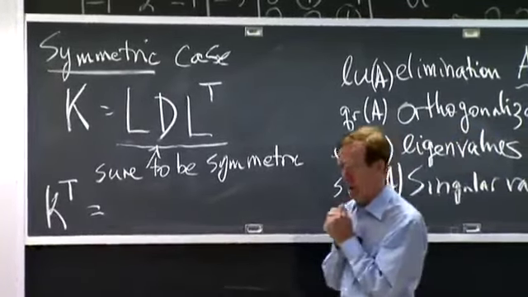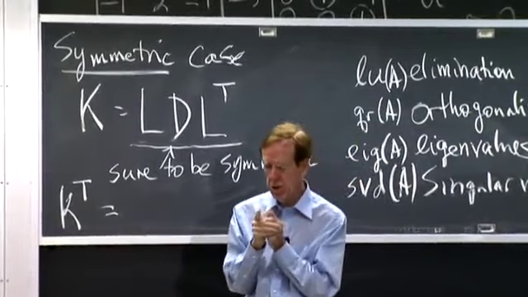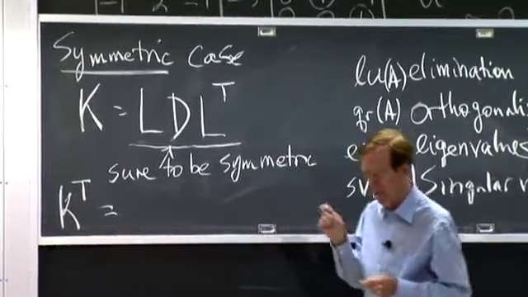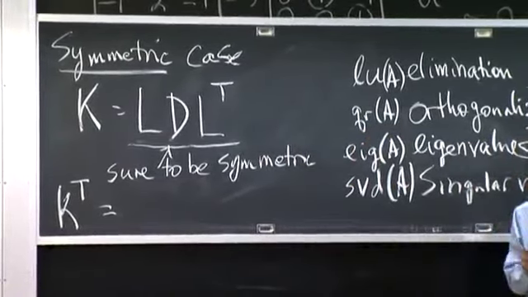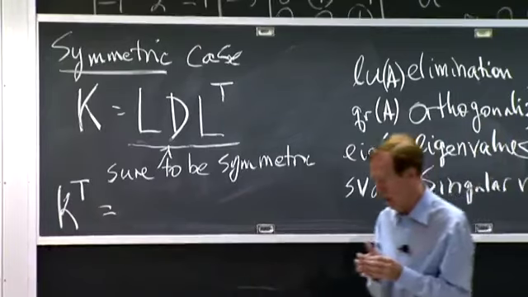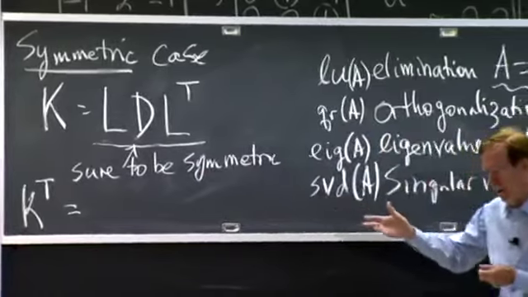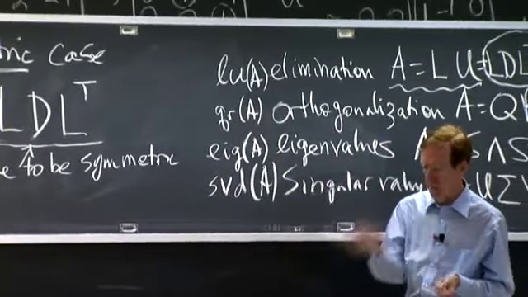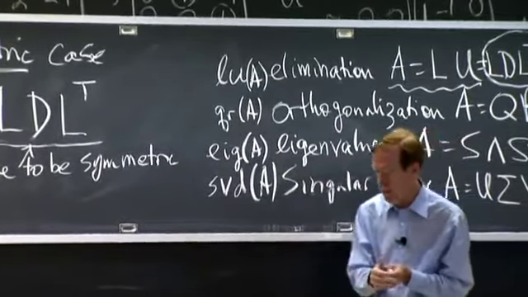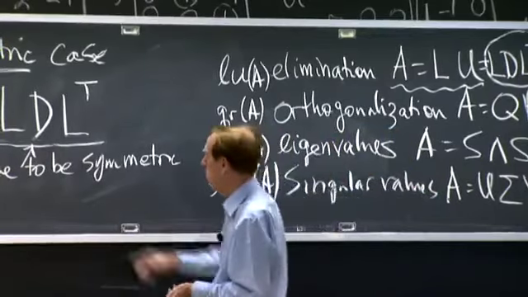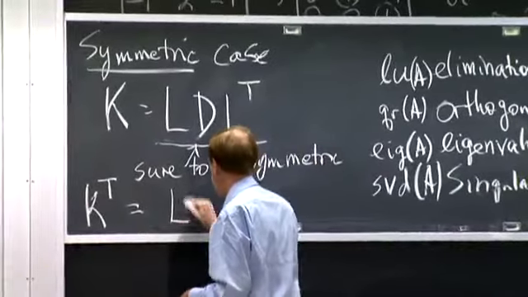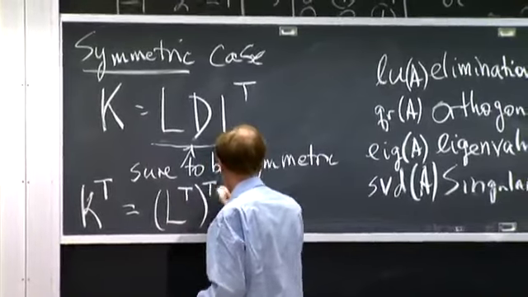You reverse the order. It's like inverses. Transposes and inverses both have that key rule. When you have a product and you invert it, they come in the opposite order. When you transpose it, they come in the opposite order. So let me put these separate transposes in the opposite order.